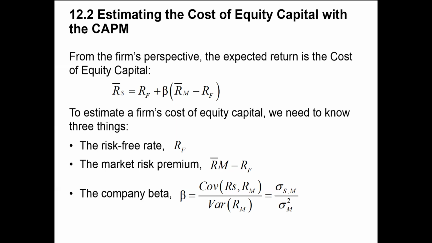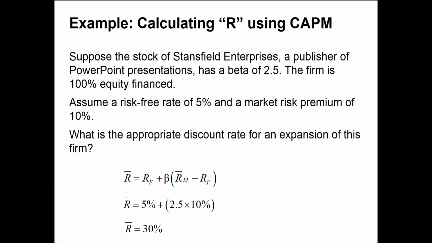So let me explain with an example. Let's suppose that there is a stock, Stansfield Enterprises, right? And this company has a beta of 2.5.